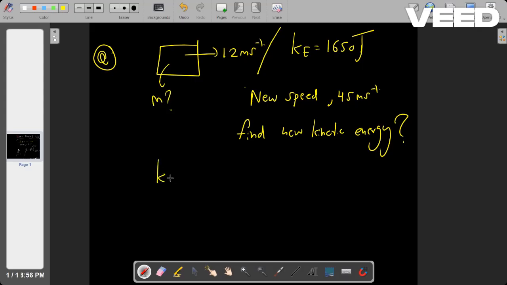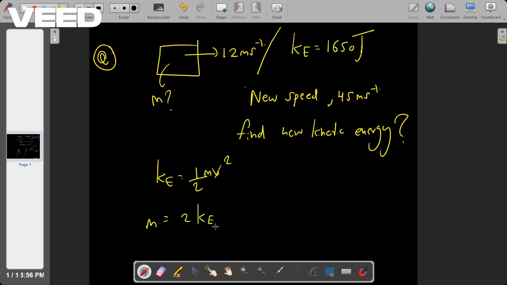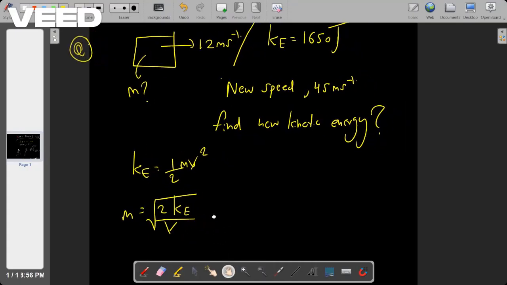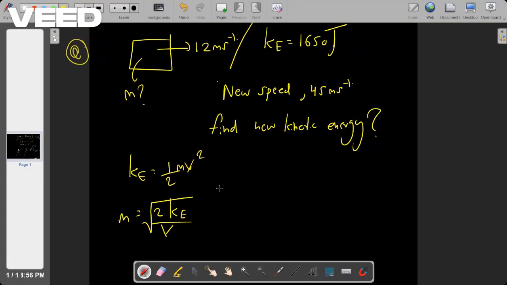Kinetic energy is equal to half mv squared. So we can make m the subject: m equals 2KE divided by v squared. And the new speed is given like this.